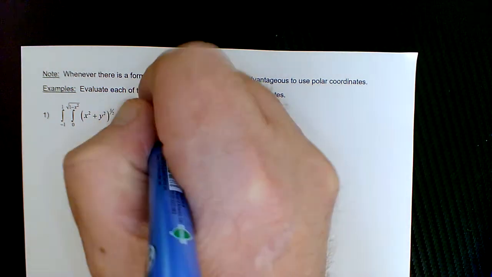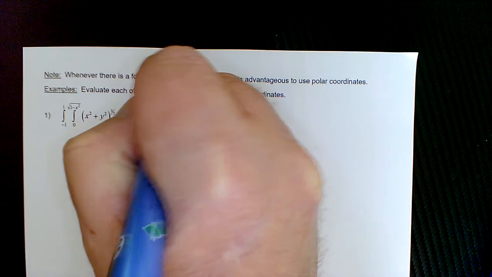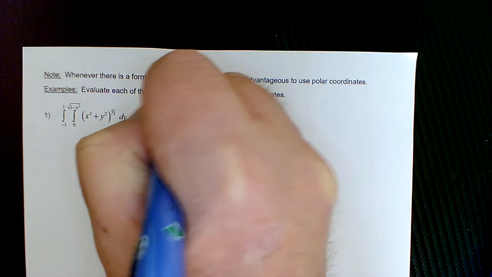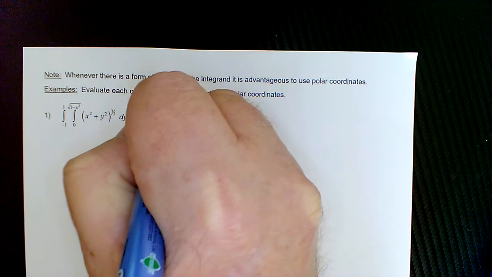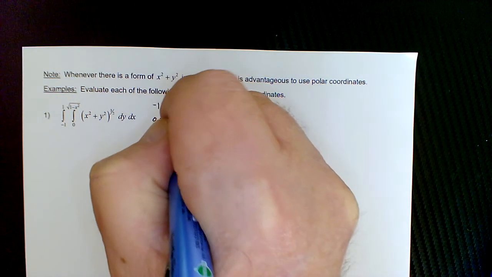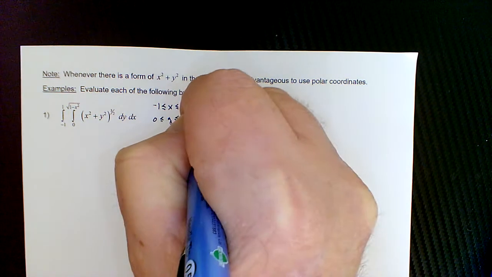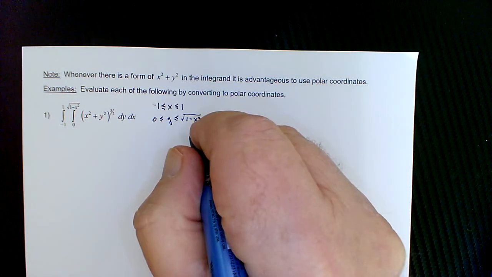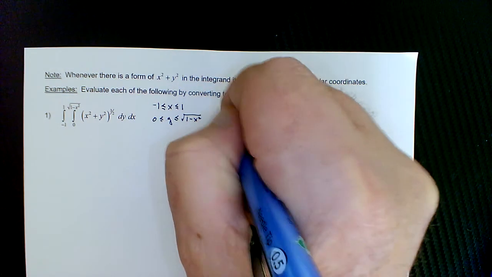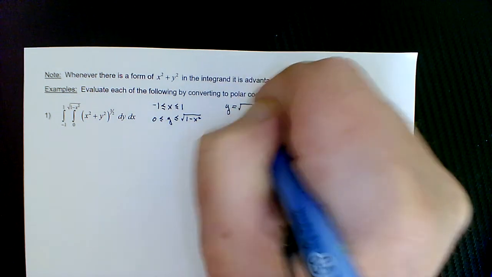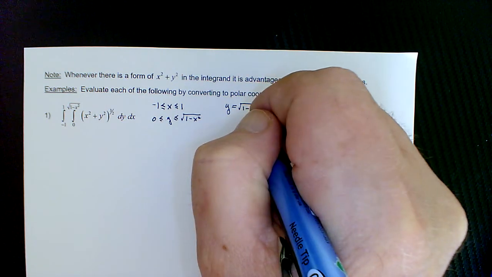But we have to consider that in the rectangular system, in this case, x is ranging between -1 and 1, and y is going from 0 to the square root of 1 minus x squared. Now, if we consider that upper limit of integration for y, the square root of 1 minus x squared, let's transform that into a standard equation.